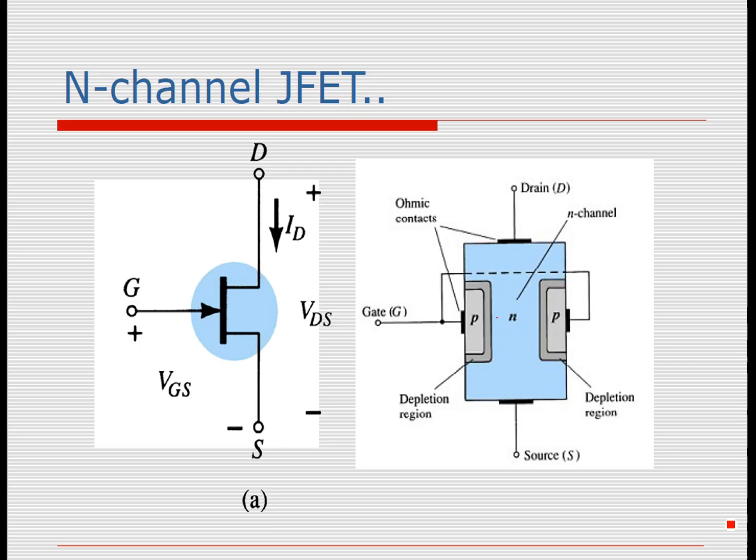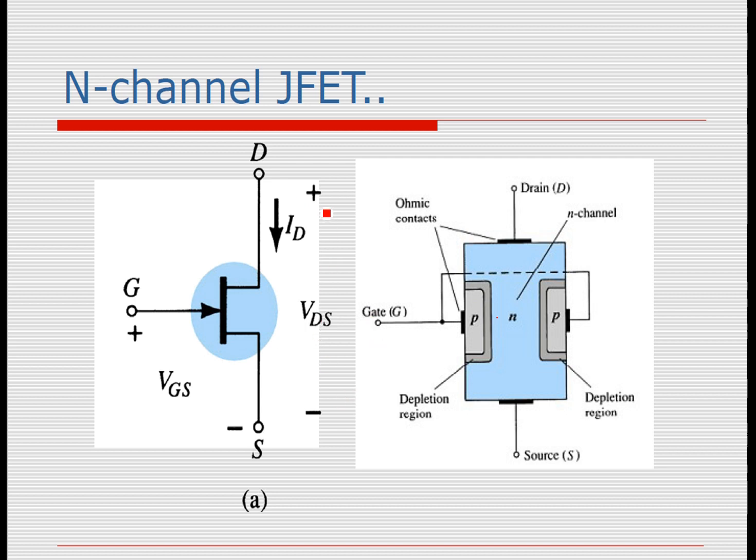Here you can see the construction of the N channel JFET, and I have shown the symbol of the N channel JFET along with the current and voltages. In the normal operation of the N channel device, the drain is positive with respect to the source. This is the drain terminal and this is the source terminal.